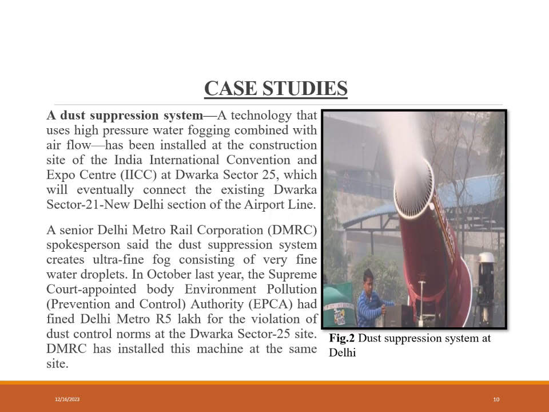In October last year, the Supreme Court appointed body Environment Pollution Prevention and Control Authority (EPCA) had fined Delhi Metro 5 lakh rupees for the violation of dust control norms at the Dwarka Sector 25 site. DMRC has installed these machines at the same site.